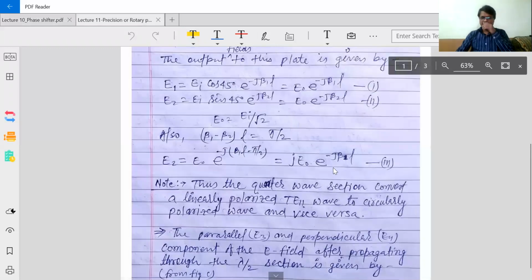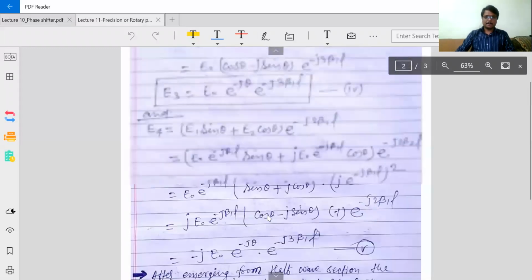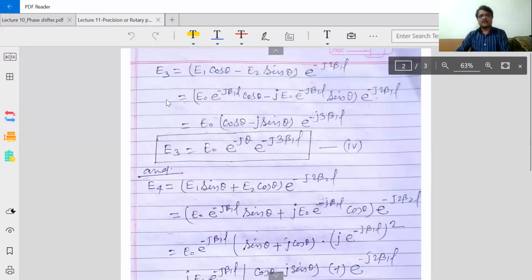In this equation, here it is E3. What is E3? E1 cos theta minus E2 sin theta. But it is at the input of the rotary section.